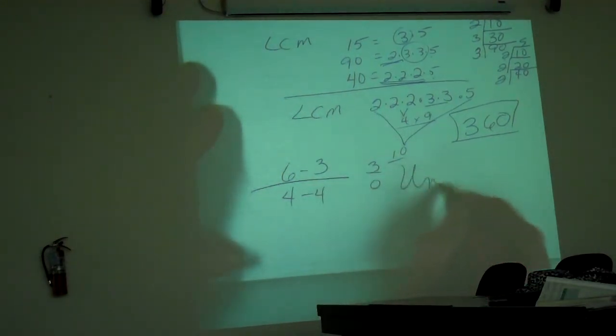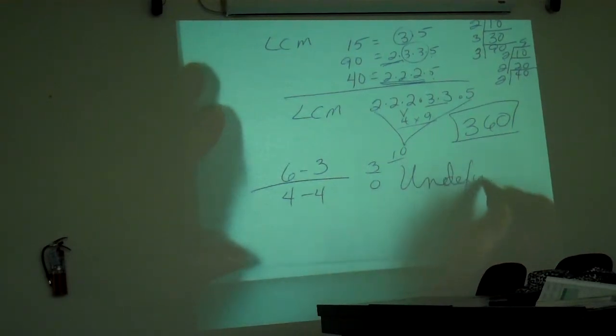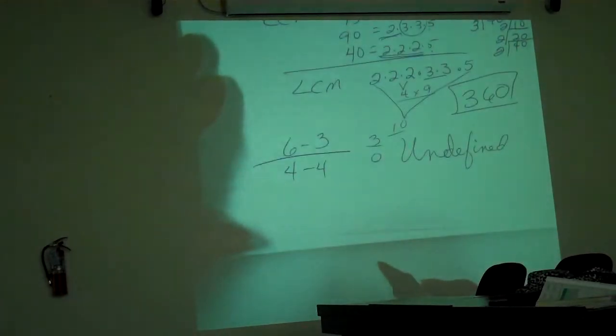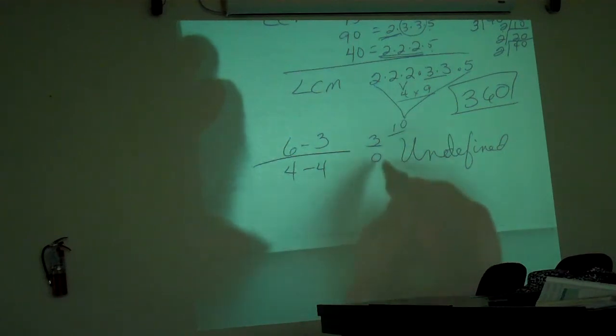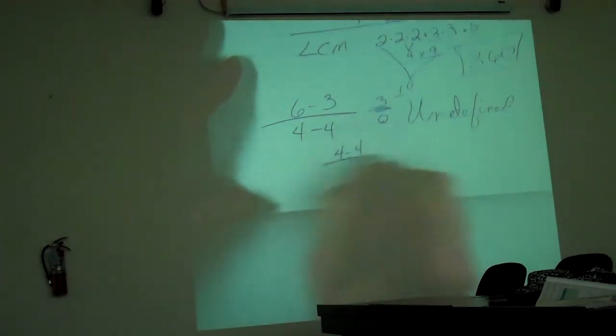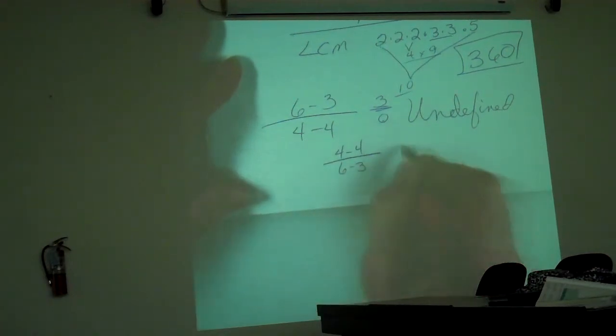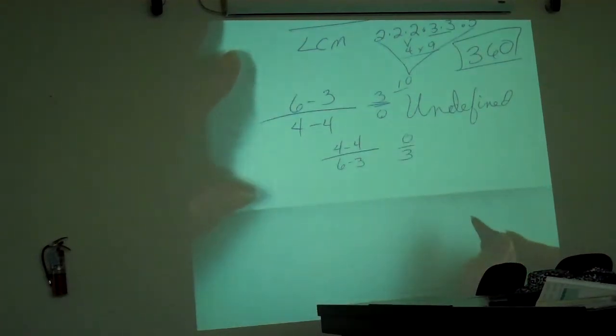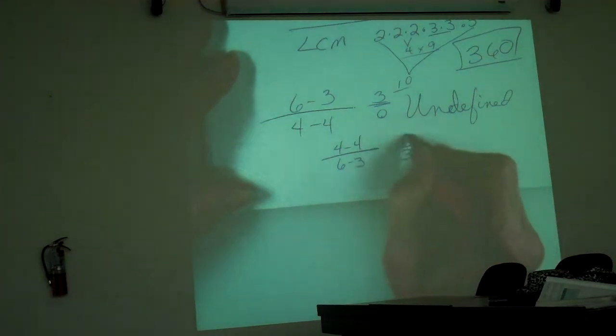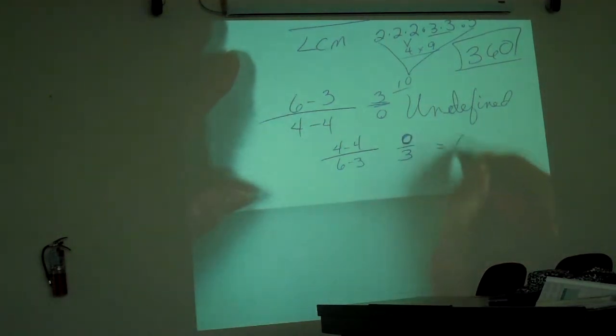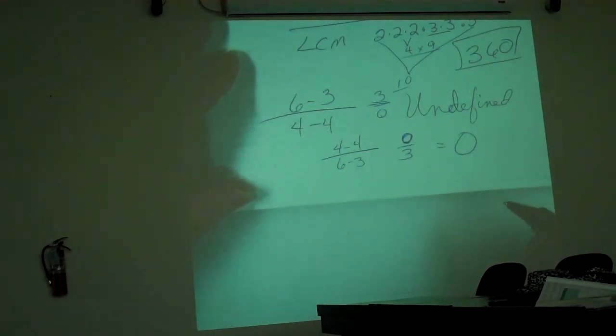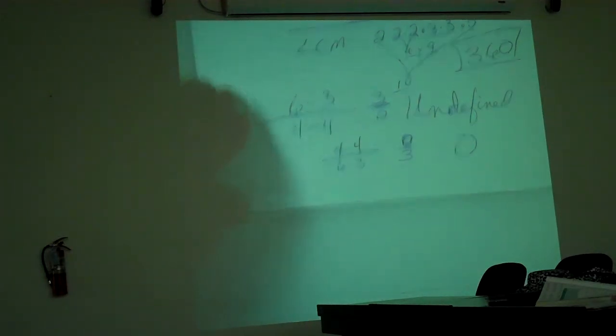That would be undefined. Okay? You can have a 0 on top, you cannot have a 0 on bottom. So if you had 4 minus 4 over 6 minus 3, you'd have 0 over 3. That answer, if it's on top, it's okay. That answer would be 0. So if your top number is 0, that's okay.